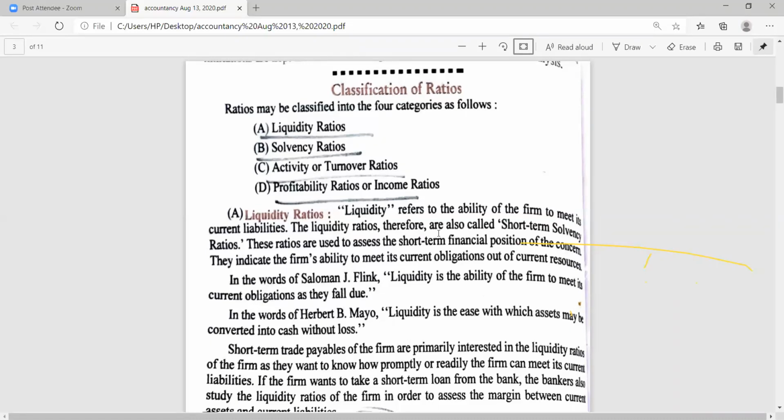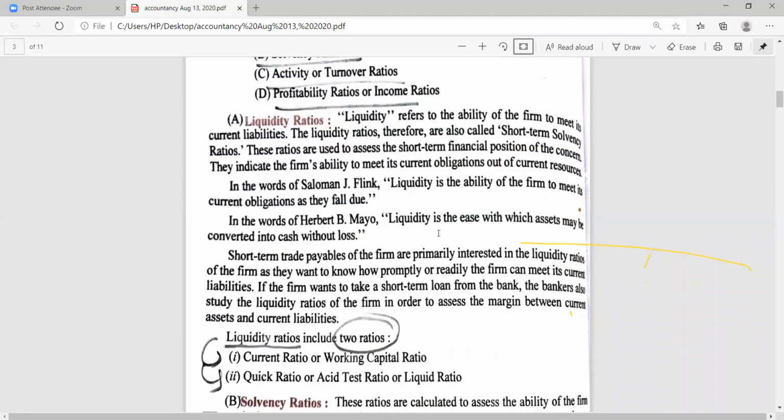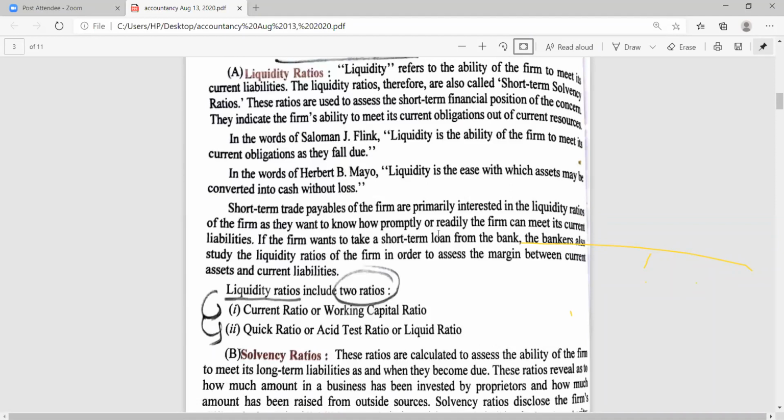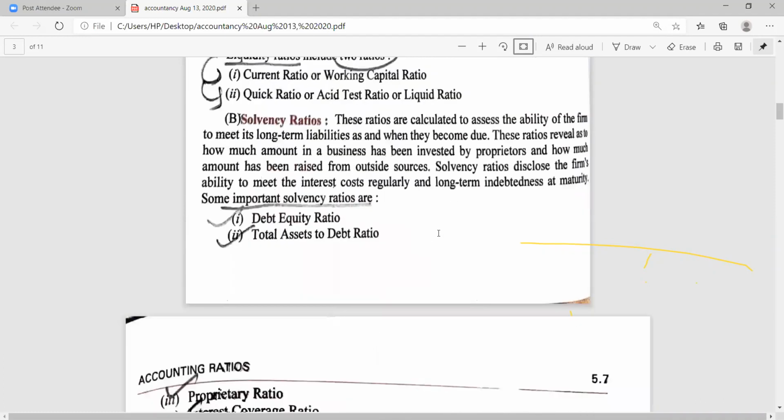These short-term liabilities can be assessed with the help of these two ratios. One is our current ratio, another is a quick ratio. Today we will talk about only these ratios. Rest of the ratios will be discussed in next and upcoming chapters. So focus on these two ratios first.